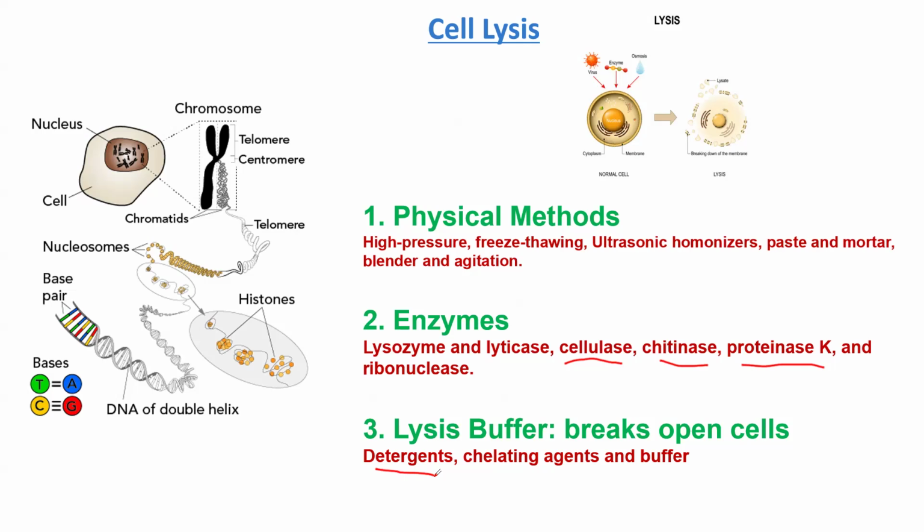These are the components of this lysis buffer: detergent, chelating agent, and buffer. The importance of the chelating agent in this lysis buffer is to chelate magnesium ions. They will bind to all the available magnesium ions.